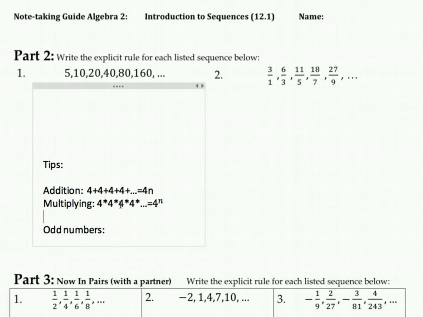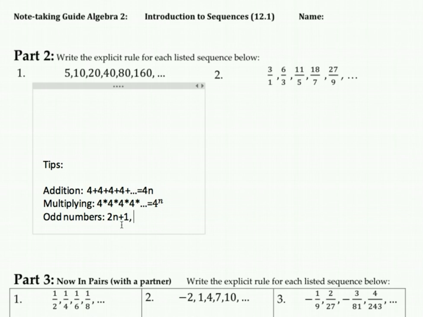So now let's talk about odd numbers. If you see something that has odd numbers, then the space between odd numbers is 2, right? So you're adding 2 each time. So that's going to be 2n. But if you have 2n and you put 1 in for n, then that's going to be 2, and 2 isn't an odd number. So I think it's really going to have to be 2n plus 1, something like that.